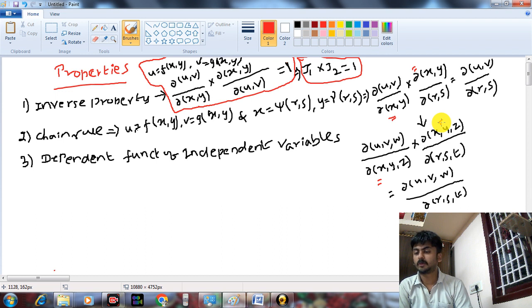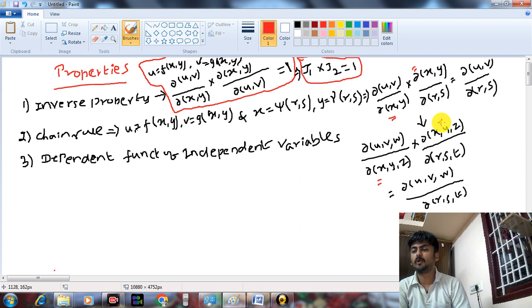Those two belong to different parts, and they are partial differential operations, so we should not cancel them, but we assume it this way to derive the chain rule, and by making use of the chain rule property we will get the final result.